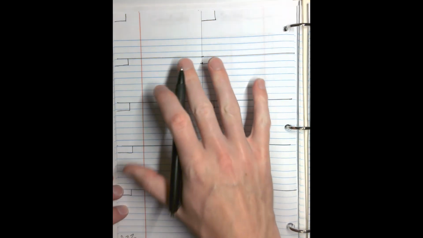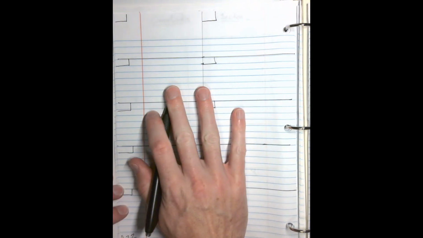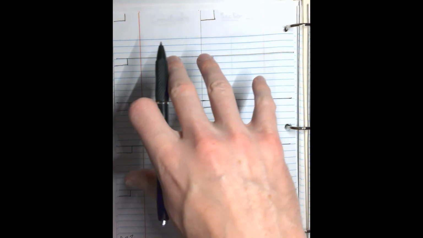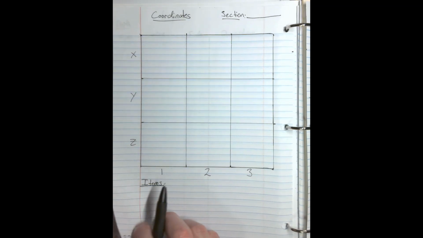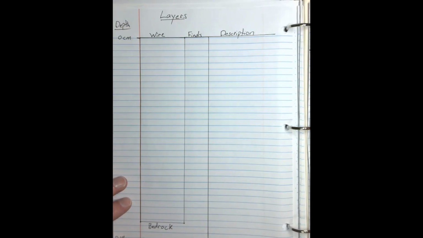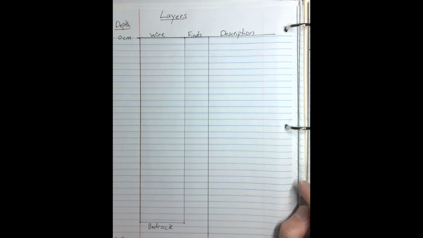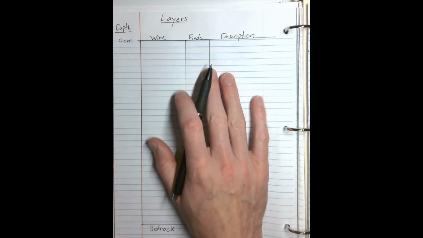So if you ran out of room on this one, you would do this again on page 24. All right, so that's our setup for our data collection. So the next part here, I think I'm just going to use as an example of how to fill it out. So let's do that.